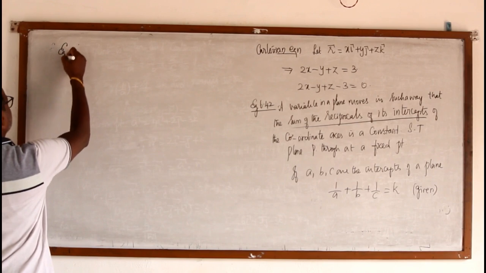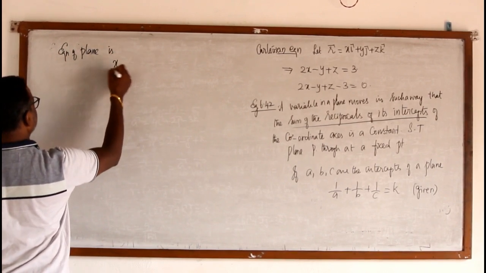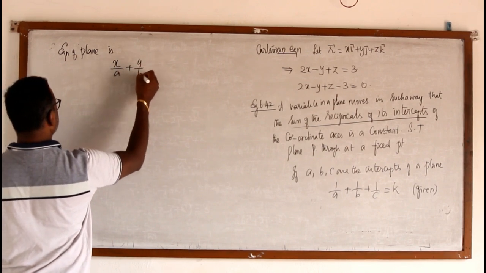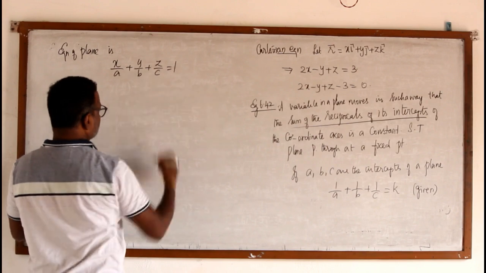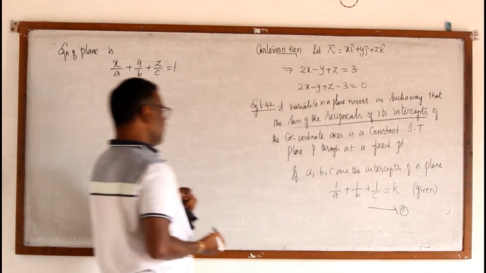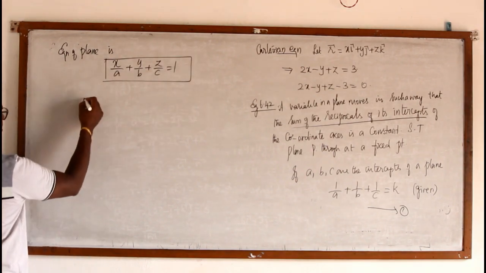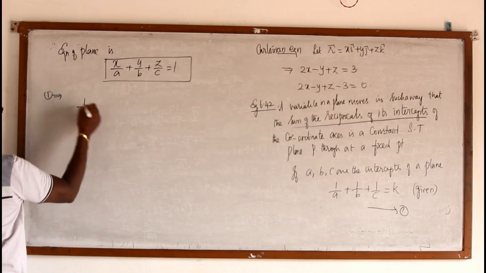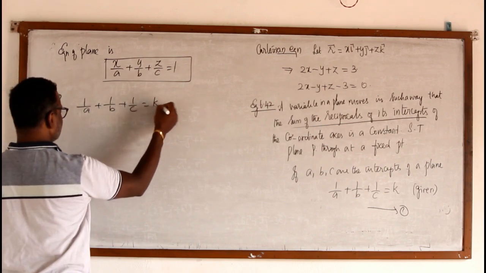We know the equation of a plane in intercept form is x/a + y/b + z/c = 1. Now, let me take this constant as k: 1/a + 1/b + 1/c = k.